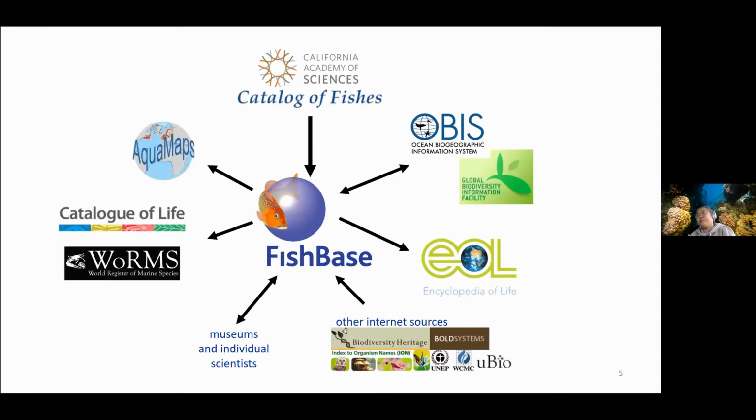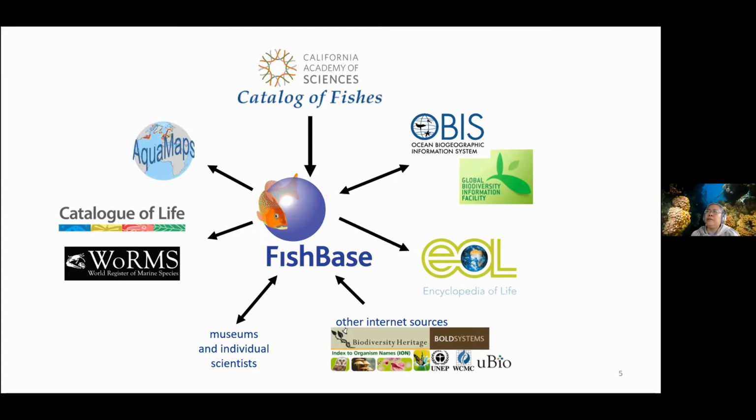FishBase has a lot of connections, so it has a wide network. There are at least 700,000 unique users per month, and there are at least 2,500 collaborators throughout the world.